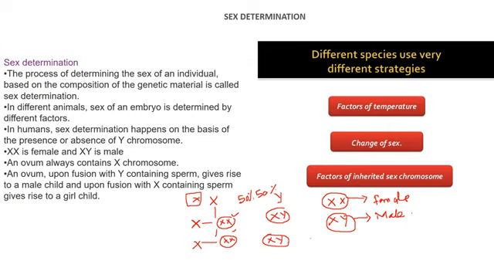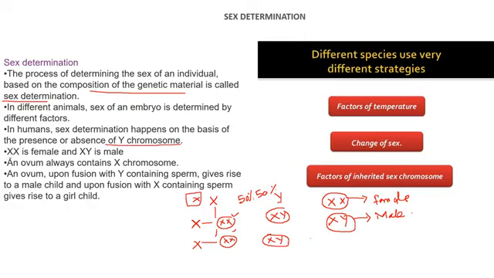So let's read out the statement from here. The process of determining the sex of an individual based on the composition of genetic material is called sex determination, right? In different animals, the sex of an embryo is determined by different factors that we have discussed here. In humans, sex determination happens on the basis of the presence of the Y chromosome, right? Only on the presence of the Y chromosome, okay?